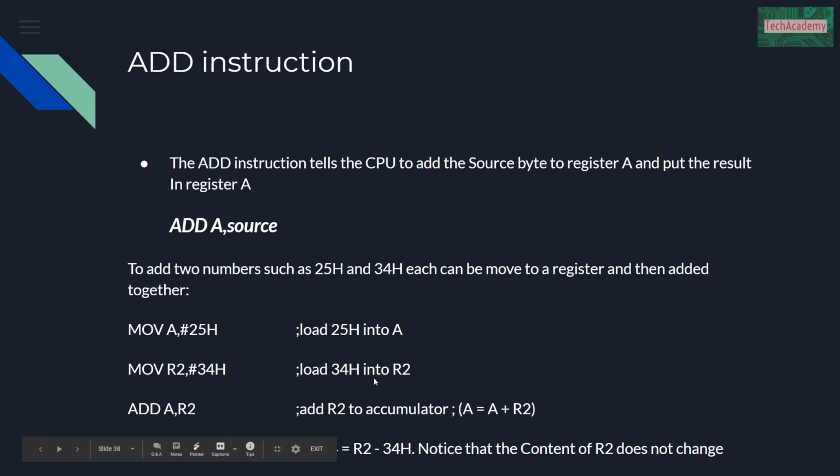The content of R2 is not going to change here; only the final result, which is 59H, will be stored into the accumulator. This is how the add instruction can be used to do the addition of two numbers. This is the simple program which we saw.